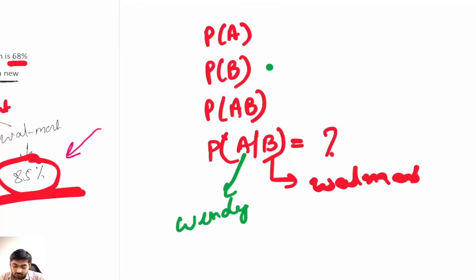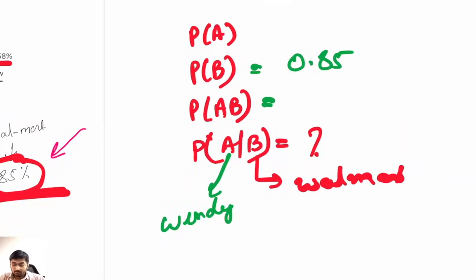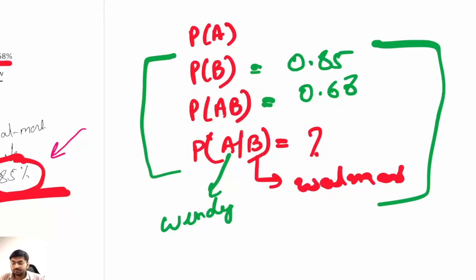So what I know, the probability of B. Do I have the information of probability of B? Yes, 85%, 0.85. Clear? Now there is one more information given to me, the probability of AB. What is the probability of AB? 0.68. Clear?